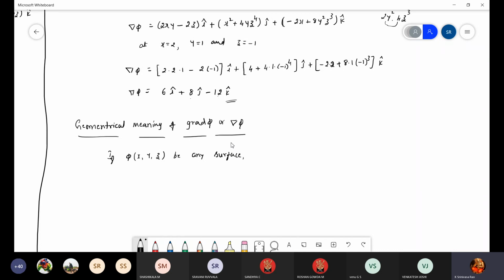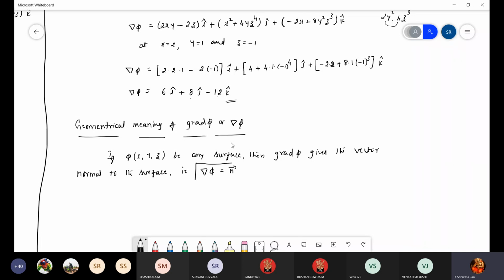then grad phi gives the vector normal to the surface, that is grad phi equals vector n.